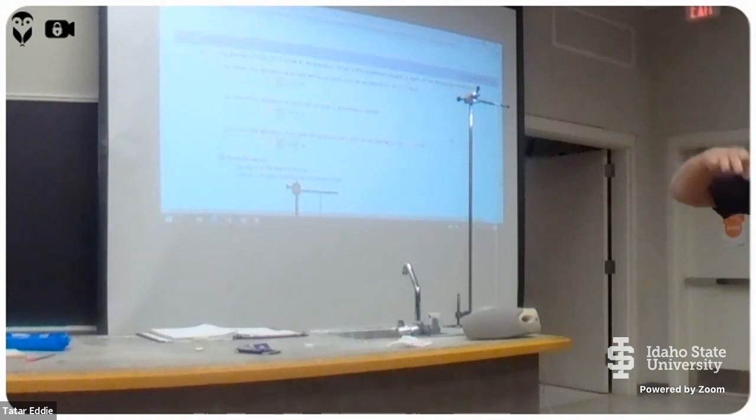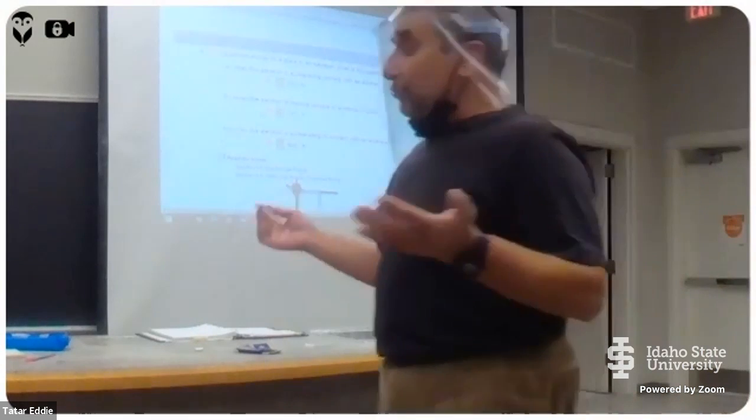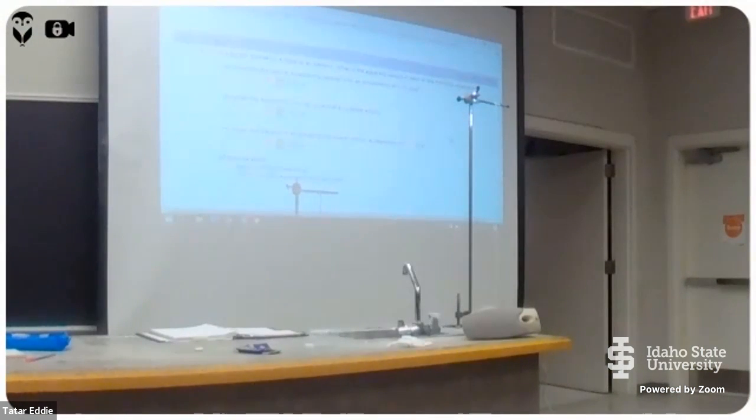And second, you have to have a diagram with a consistent positive direction, and you have to keep track of the algebraic signs. After that, you just apply Newton's second law. The net force, here it is, is equal to mass times acceleration. That's it. That acceleration could be positive, could be negative, could be zero.